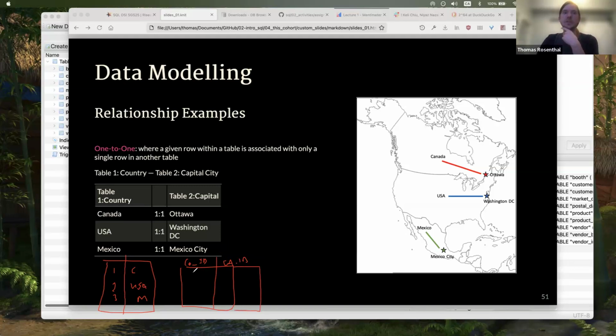So the country ID for Canada is 1, the capital ID, sure, let's change the notation to 10, and this is Ottawa. And we have 2 and 20 for DC, and Mexico City, and 3. These are all made-up numbers, it doesn't really matter. But what does matter here is that the 1 for country ID is present here, and we have a one-to-one relationship. So this is going to be a primary key.